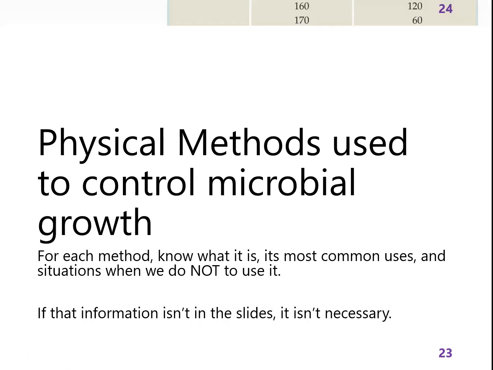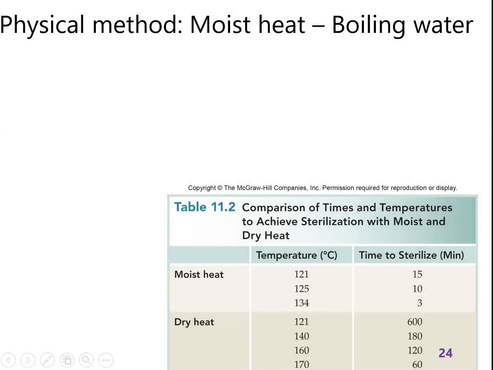So the first type of heat-related disinfection we look at is moist heat. And specifically, we're going to start with boiling water, but we're also going to look at the difference between moist heat and dry heat. And that's what we can look at here on this table. We can compare the time it takes to sterilize material at various temperatures if we compare moist heat to dry heat.